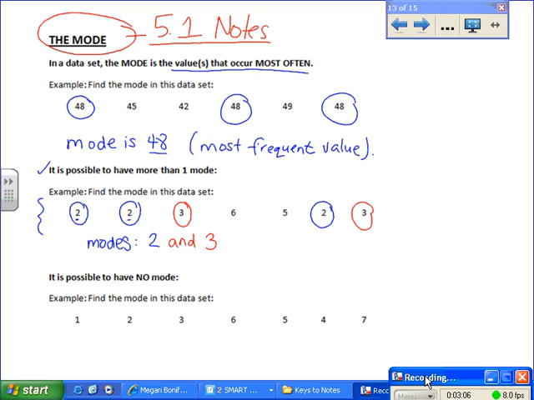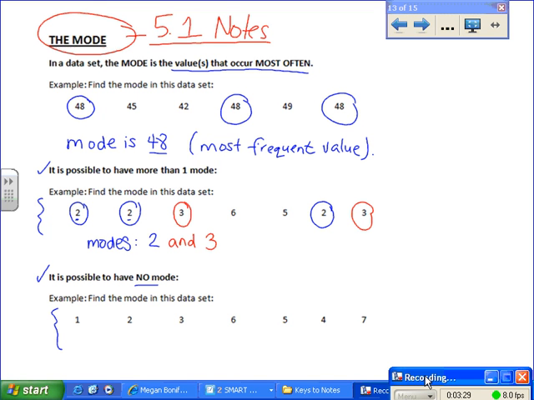Okay. It is also possible to have no mode. If you have a data set where there is no repetition of any of the values, then we say there's no mode because there's no value that is occurring more frequently than any other value. For example, the numbers down below here: 1, 2, 3, 6, 5, 4, 7.